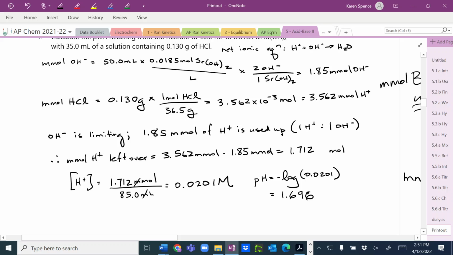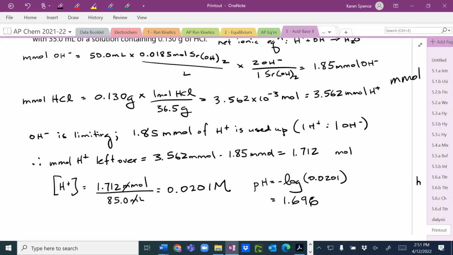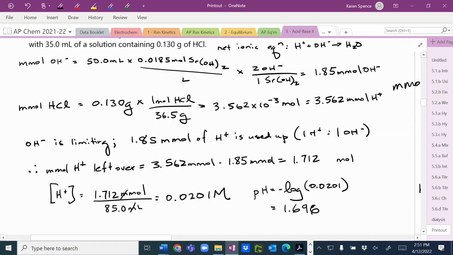I remember clearly being in first year university doing this, and they were doing it in millimoles, and I'm like, what the F is a millimole, and why are we doing millimoles? And now I'm a total millimole convert.